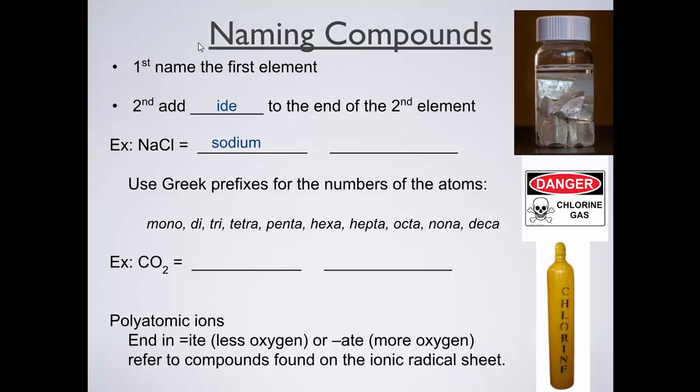This is sodium. It's a metal. It's stored under a layer of oil because sodium is extremely reactive. If you have your periodic table out, how many electrons in sodium's outer shell? Just one. What that means is it's very reactive.